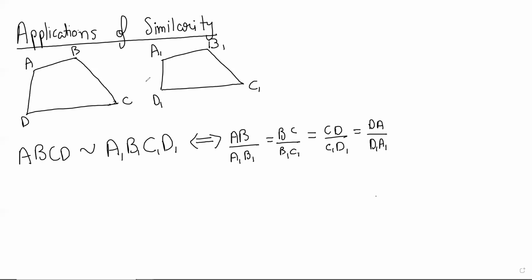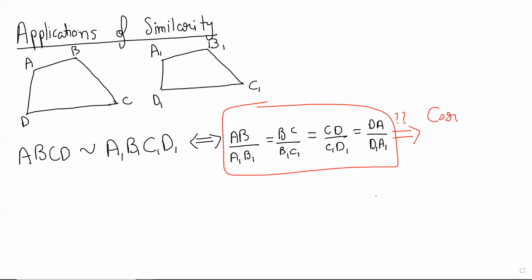So we also want that the angles should be the same. Now, if you have the ratios of the sides given to be the same, does it mean that the corresponding angles are the same? Well, not at all, right?